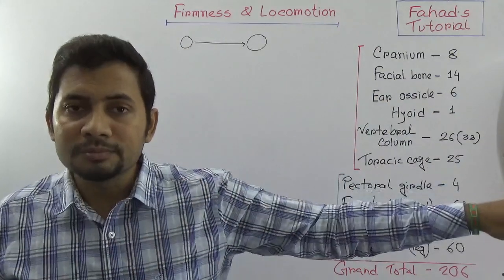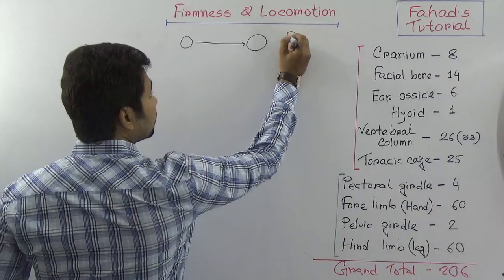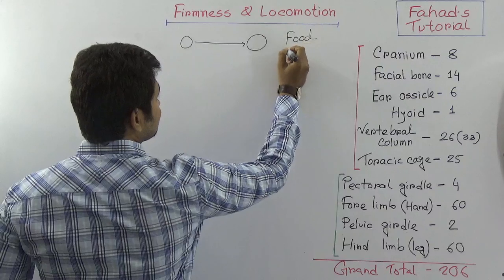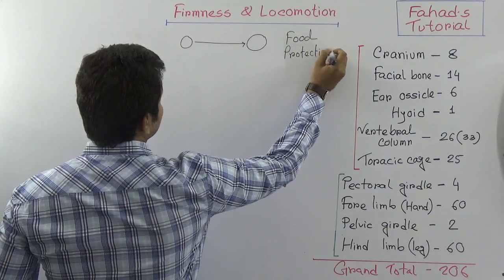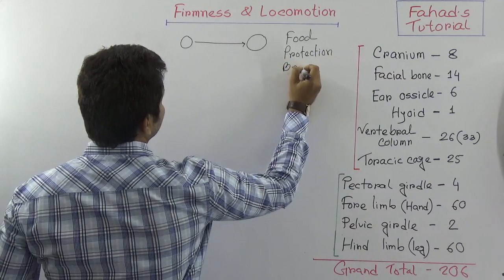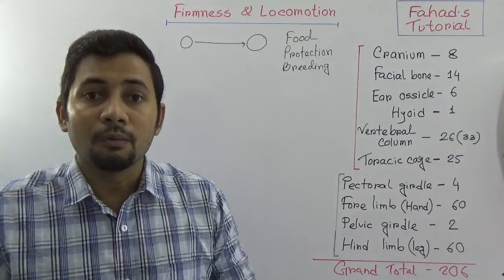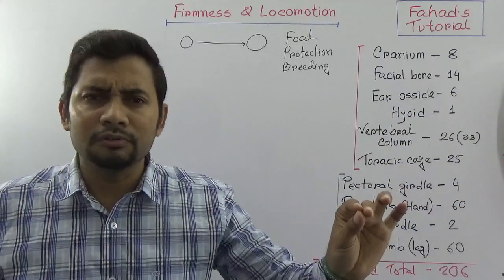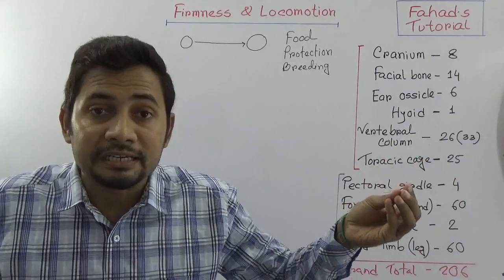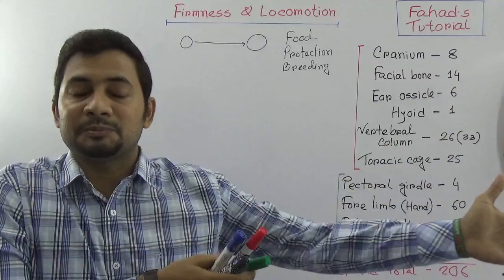So when they move in search of food, in search of protection, and in search of breeding, this is very important. When animals move from one place to another in search of food, protection and breeding, that is called locomotion, the change of placement.